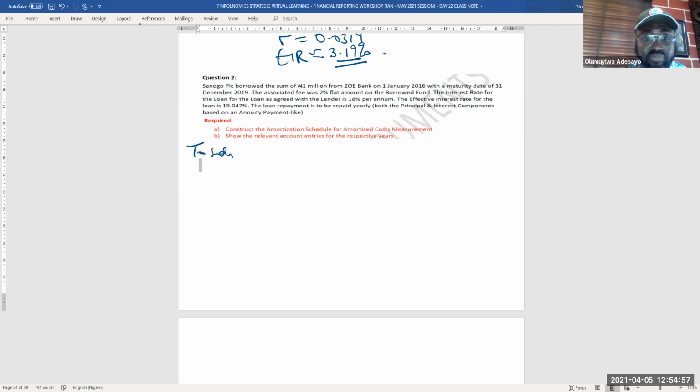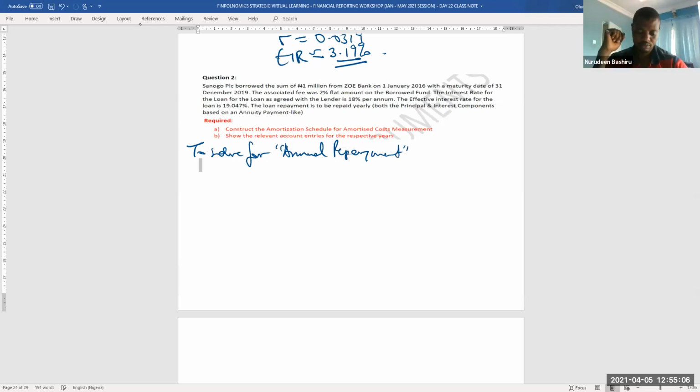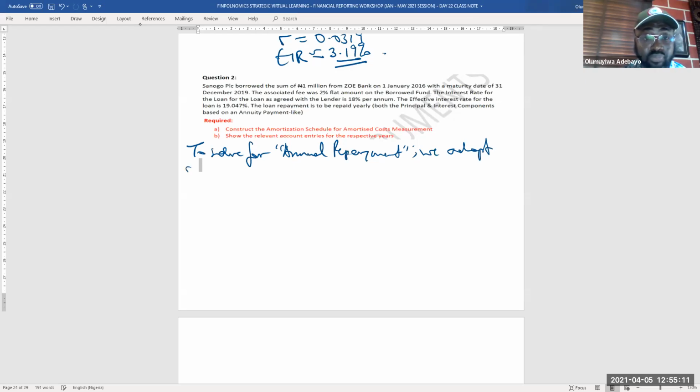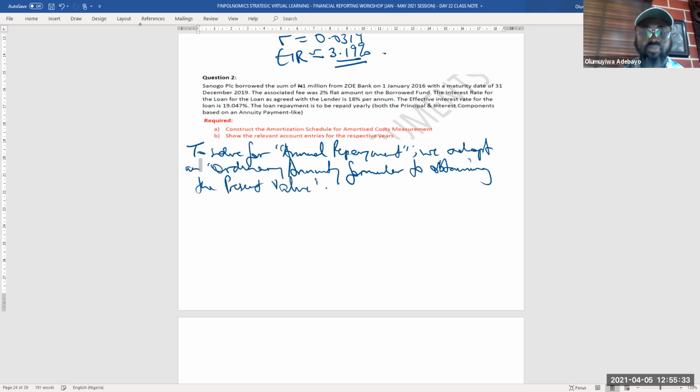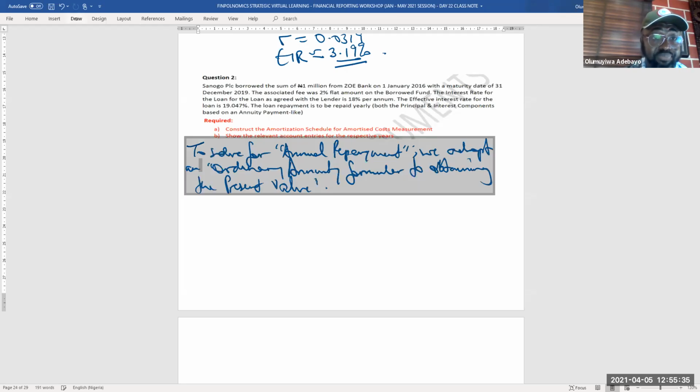To solve for annual repayments, we adopt an ordinary annuity formula to obtain the present value. Now, what is that formula?